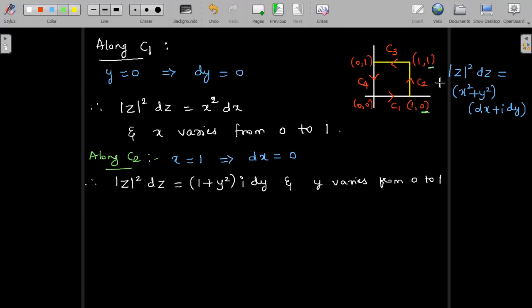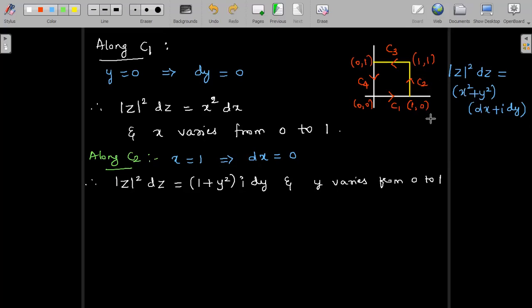So y varies from 0 to 1 and the equation of this line is x is equal to 1, which is constant. Since x is 1, dx will be equal to 0. Differentiation of 1 is 0. So mod z square dz becomes 1 plus y square into dx, dx is 0, plus i dy. So i dy remains. And y varies from 0 to 1 as marked here.